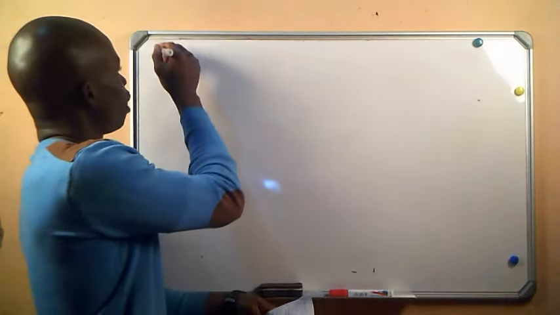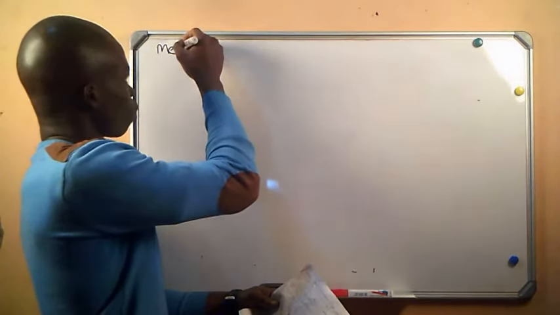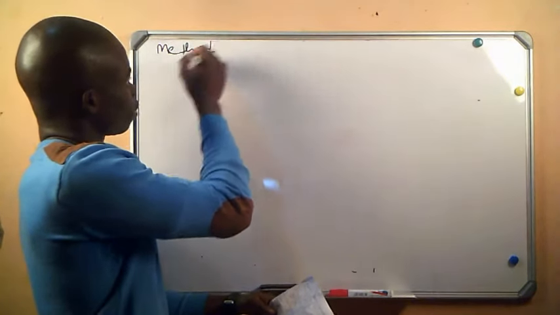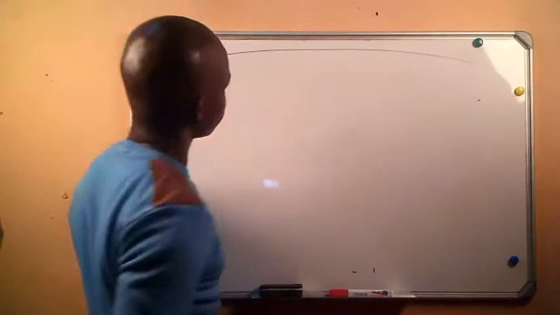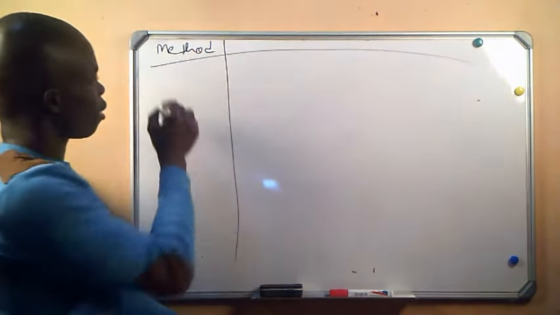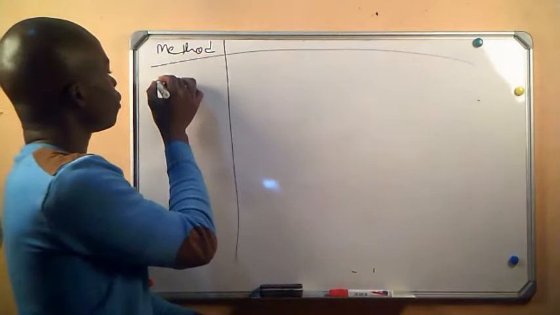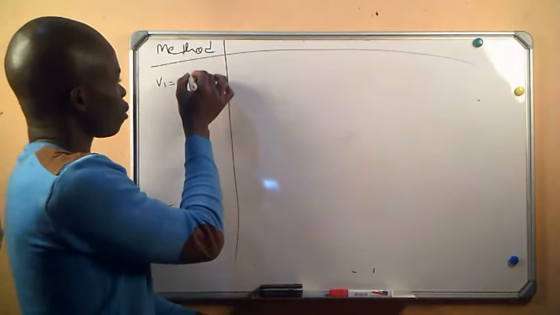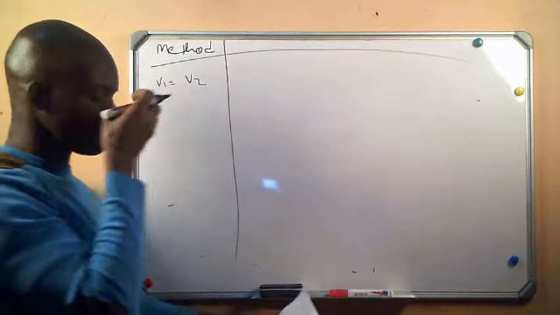First method: constant volume, V1 is equal to V2.